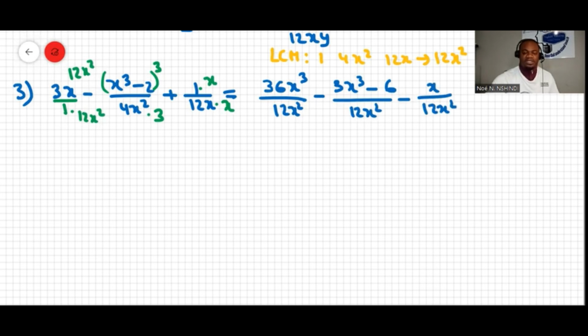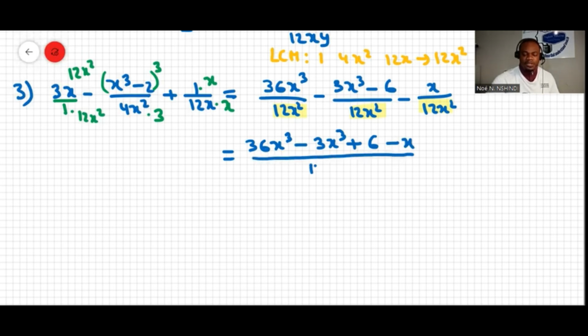Now that the denominators are common, we can combine the numerators. That makes 36x cubed minus 3x cubed, plus 6, plus x, all over 12x squared.